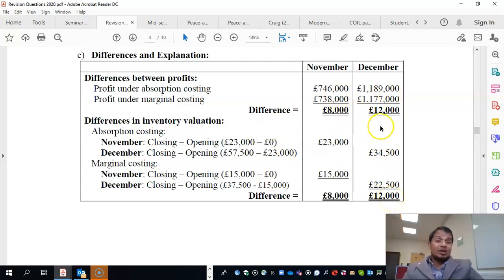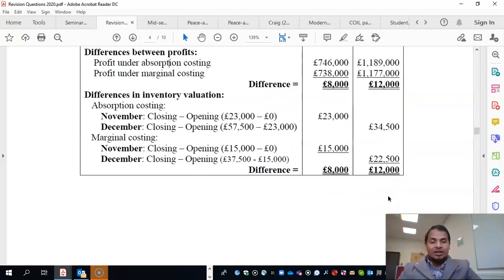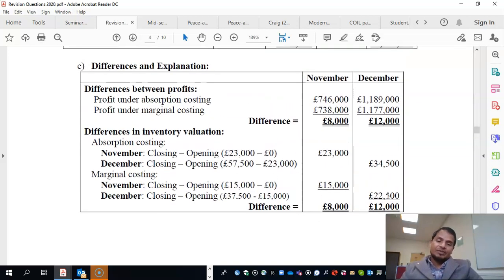So it is reconciled. That means the difference in profit calculation under the two different costing systems has been created only because of inventory valuation, right?